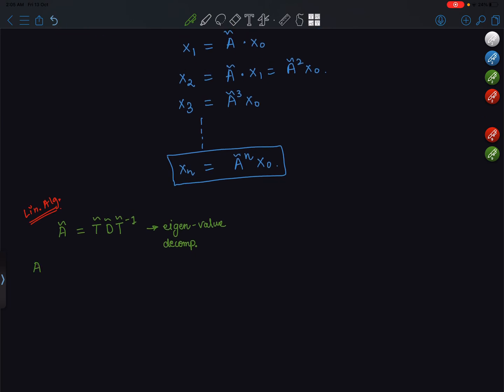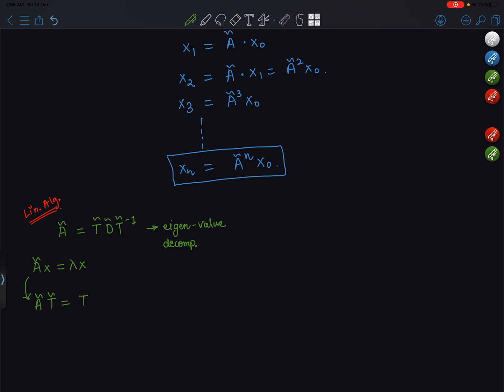We have the characteristic equation in which we write Ax equals lambda x, where lambda is the eigenvalue of A tilde and x is the eigenvector. Now you convert this equation to matrix form, which contains all the eigenvectors and eigenvalues. So you can write it like this: A tilde T tilde equals T tilde D tilde.